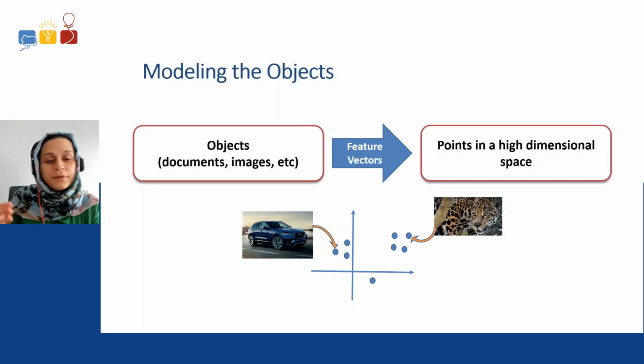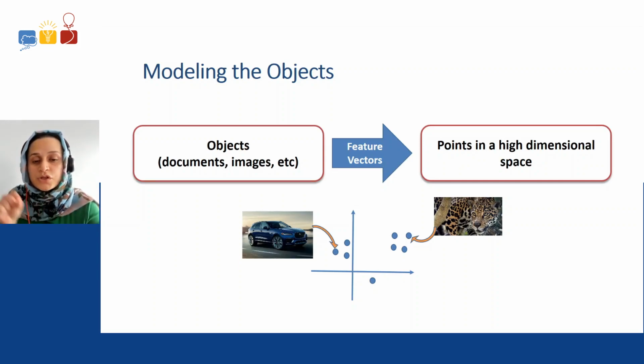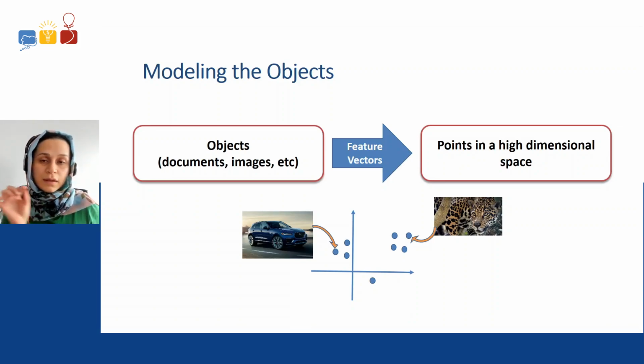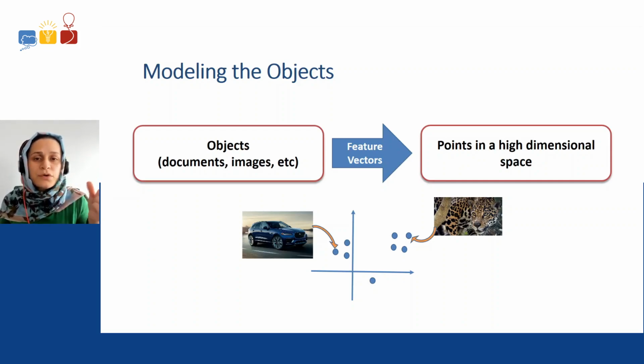For example, if we have an image, a simple mapping is that for each pixel in this image, I assign a coordinate, and based on the RGB value, I assign a number in that coordinate. Okay, and the idea is that if two images are similar, then their corresponding points are closer to each other. So the distance between the points somehow shows the similarity between them.